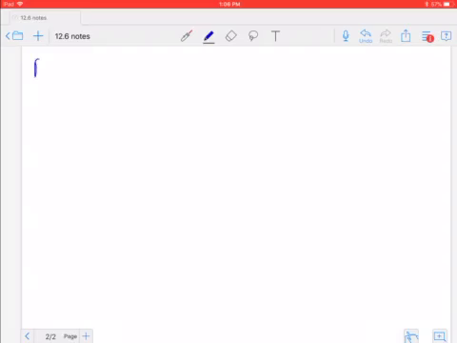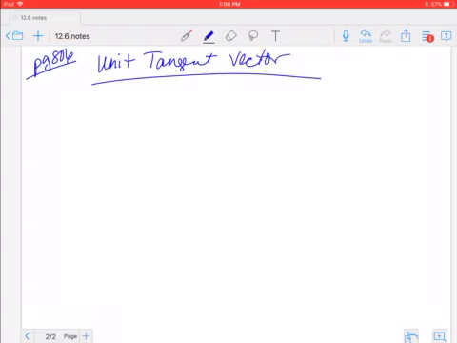We can also have a unit vector. On page 806, there is a unit tangent vector. And we know tangent just means derivative.